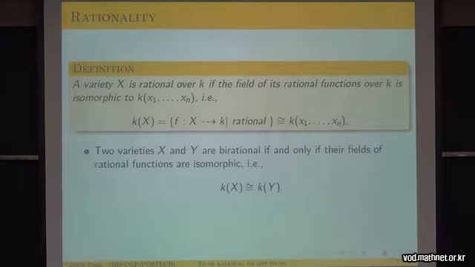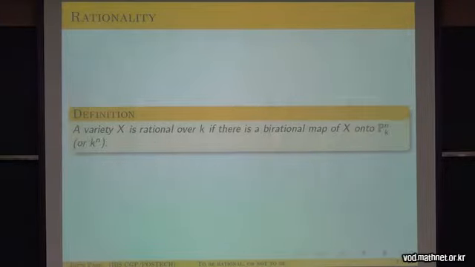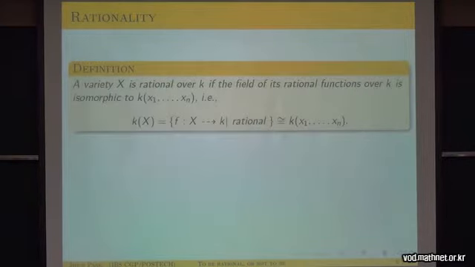This is the simple fact. Two varieties are birational if and only if the fields of rational functions are isomorphic as K-algebras or fields. Our previous definition for the rational variety was that X is rational if there is a birational map of X onto Pn, right?